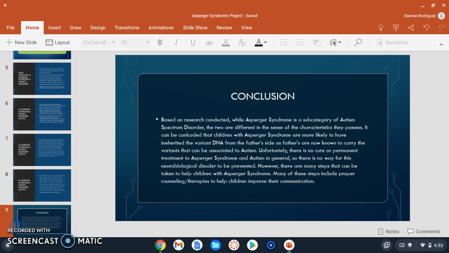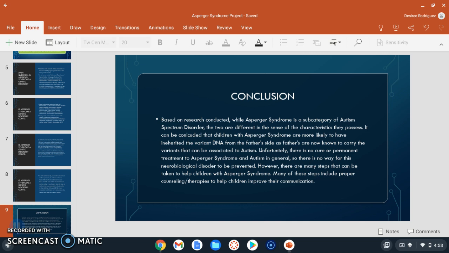Unfortunately, there is no cure or permanent treatment for Asperger's syndrome and autism in general, as it's a neurological developmental disorder, so there's no actual medicine to prevent this and permanently cure it. However, there are many steps that parents take to help their children who do have Asperger's syndrome or ASD. Many of those steps include proper counseling and therapies.